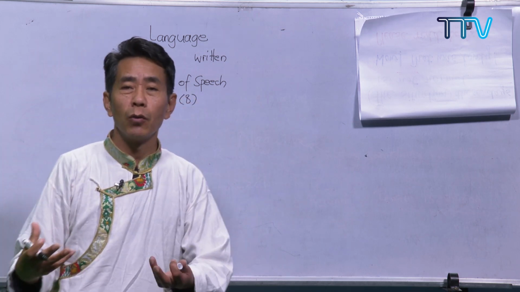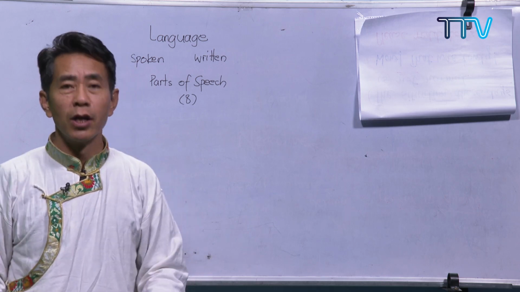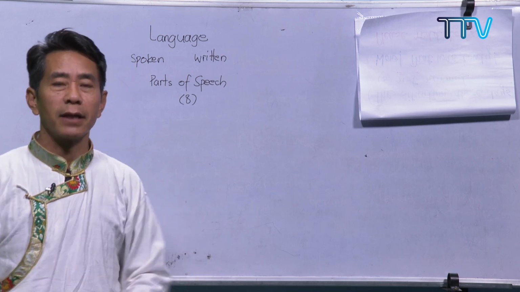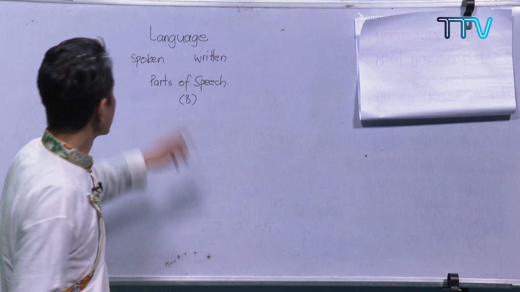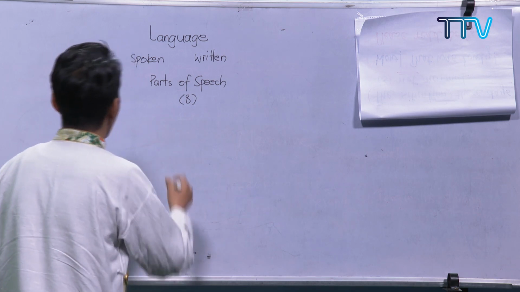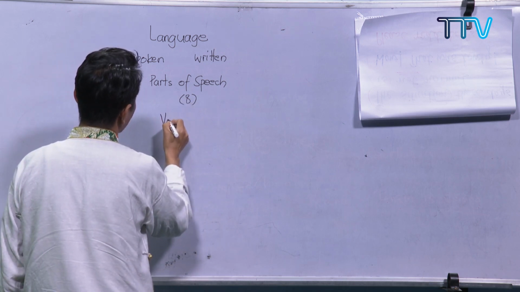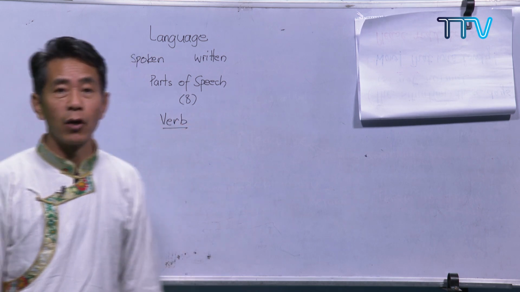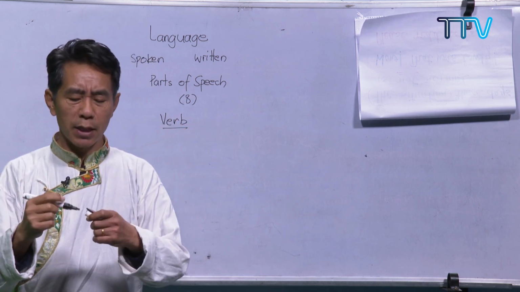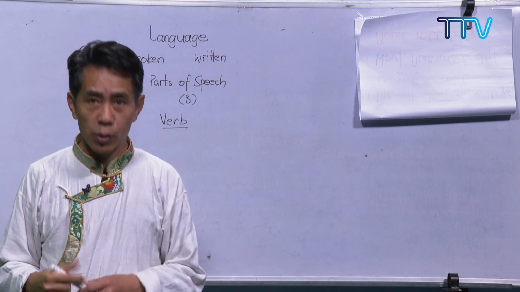We have also gone through these 8 parts of speech, not in detail, but we did some kind of introduction. And from the 8 parts of speech, we focused on verb yesterday, because we know that verb is the most important part of these 8 parts of speech.